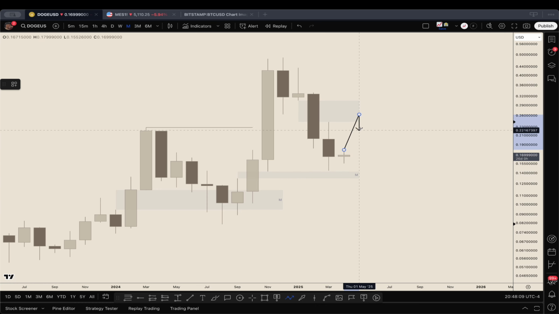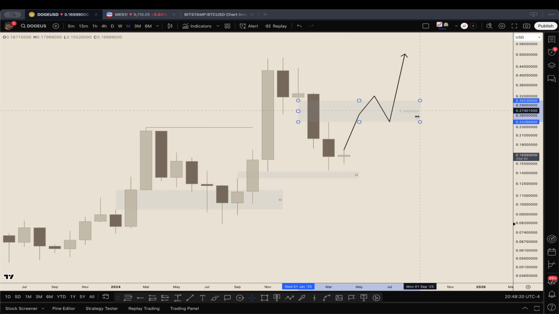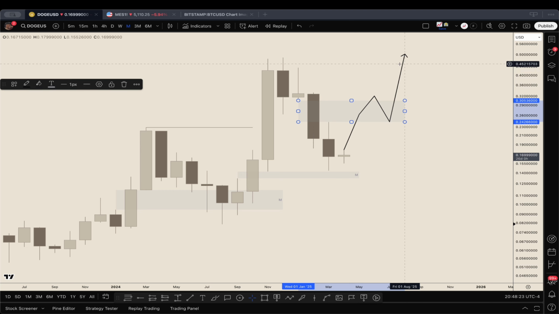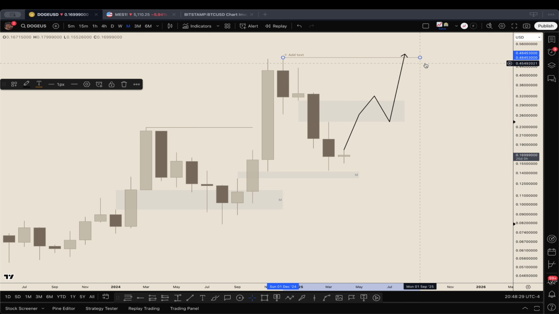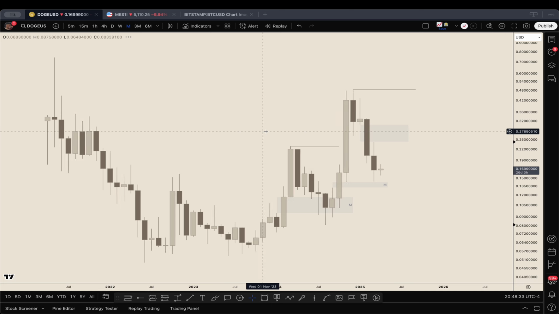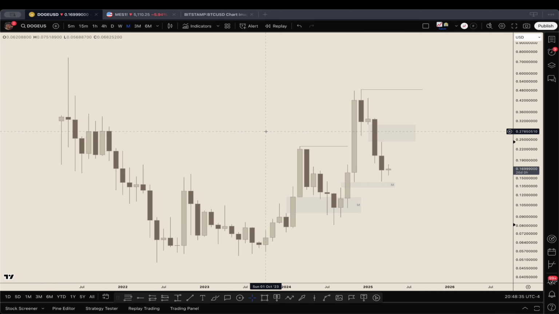We want to see price come in here, find some support, hit that support, and then invalidate. We want to invalidate this fair value gap by going through it and closing above this high up here. Okay, so that's something that I'll keep an eye on. But as of right now, I could definitely see 14 cents, high 13 cents on the horizon within the coming weeks.